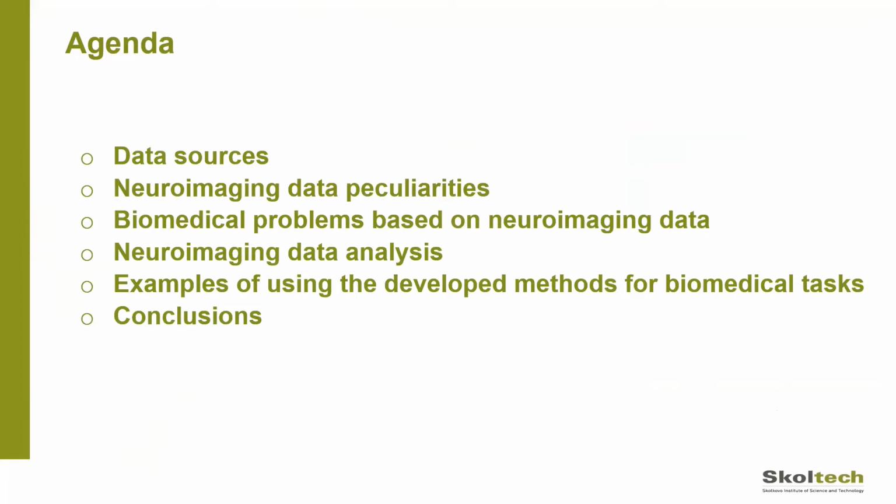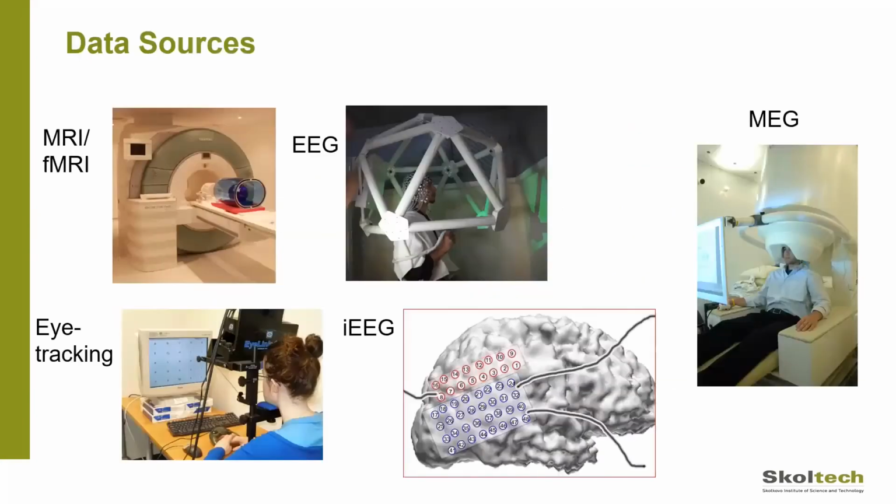First of all, let's start the presentation by discussing possible data sources. We can apply machine learning only if we have appropriate data. In the case of neuroscience, the data can be collected from an MRI sensor, EEG. By the way, this big device around the person is a special shield to protect from external electromagnetic fields, so that the collected data isn't noisy.